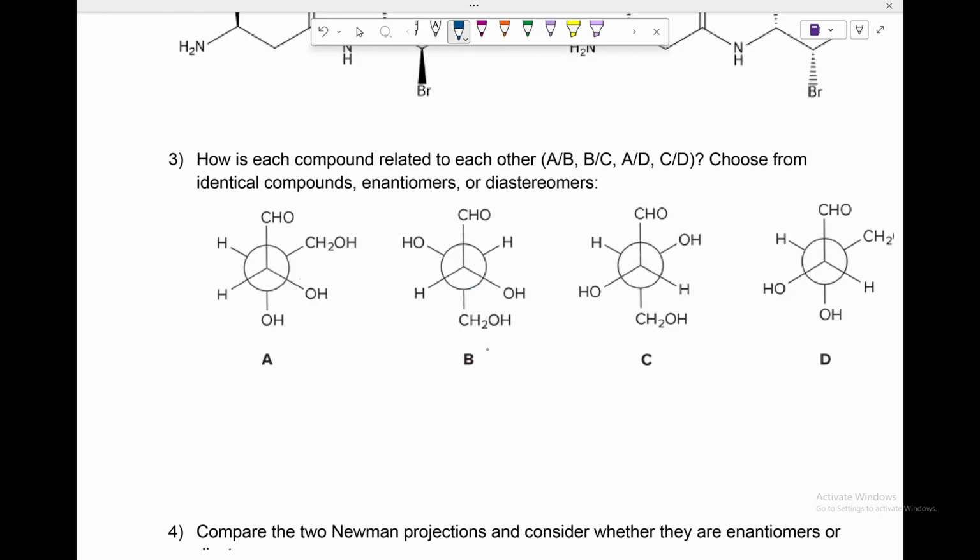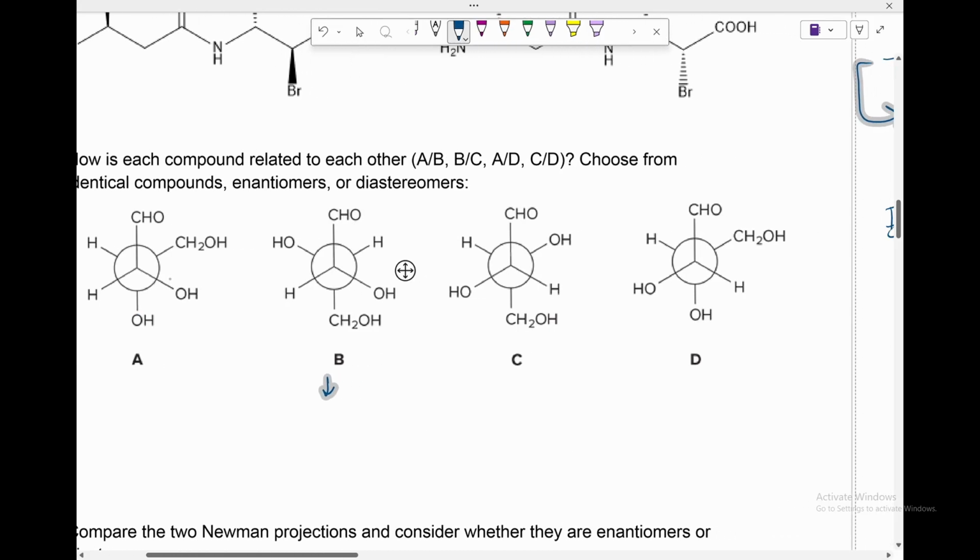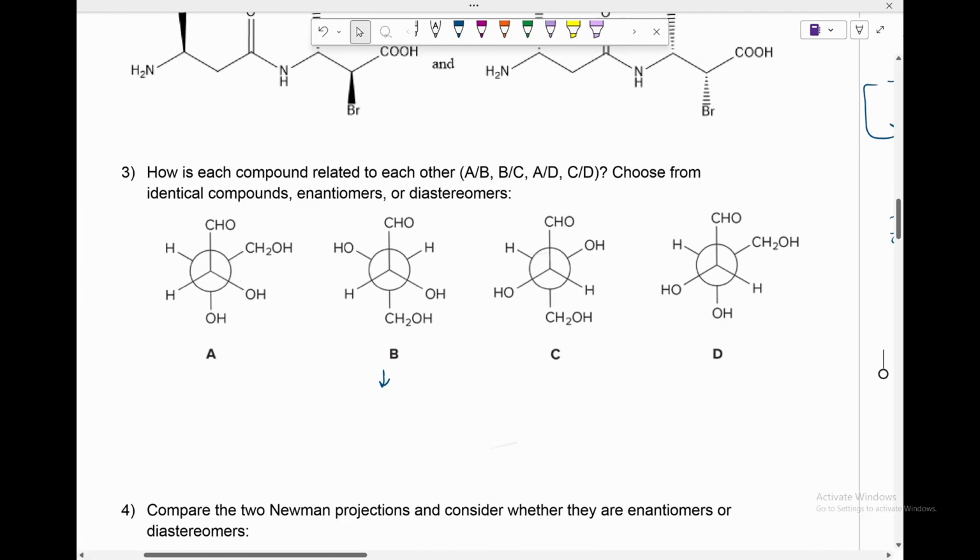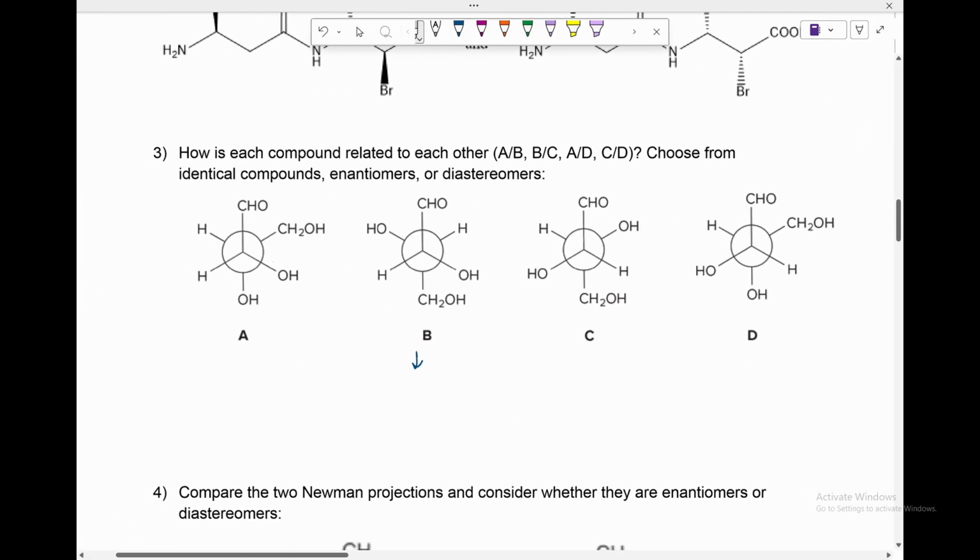So let's rotate B's back carbon. If we rotate the OH to the same position as this, then yeah, we get the same. In fact, rotate this to that, this to that, this to that. So these are identical.